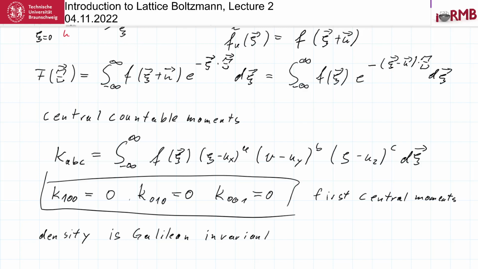So we call things Galilean invariant whenever, I should write this capital, if you measure a quantity in one frame of reference and in a different frame of reference, and you always get the same result, no matter what the frame of reference, this is what we call Galilean invariant, right? So this is a Galilean invariant thing. And this is what we call the zero moment.